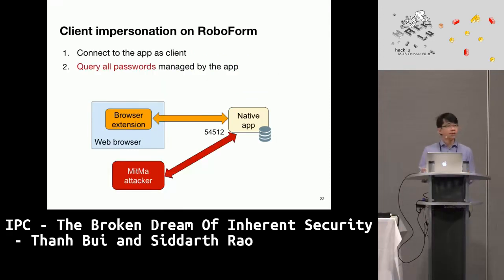So it's quite easy for the MITM attacker to exploit RoboForm. The attacker here is any unprivileged user that's running a malicious process in the background. He can easily perform client impersonation just by connecting as a client to the app and querying the whole password database from the app.